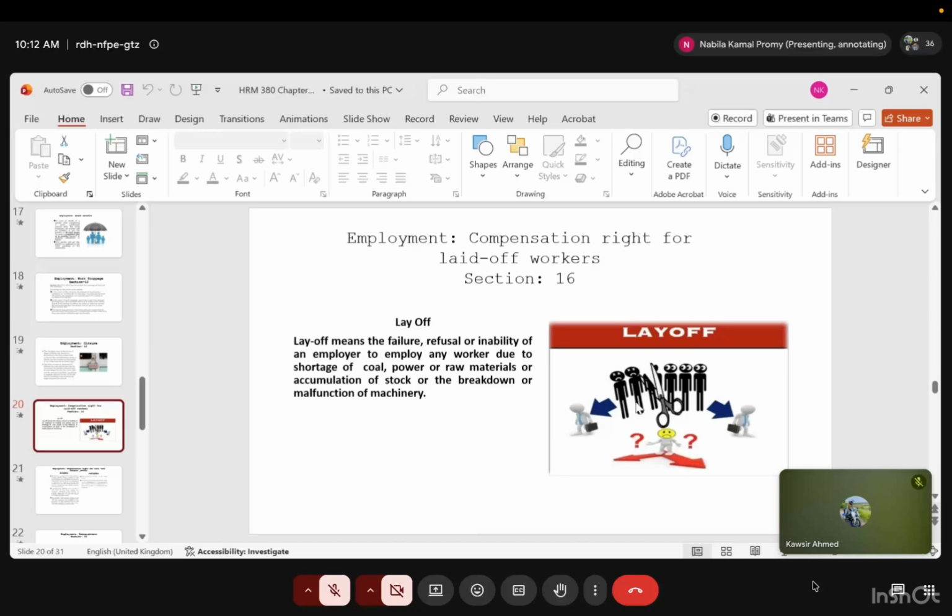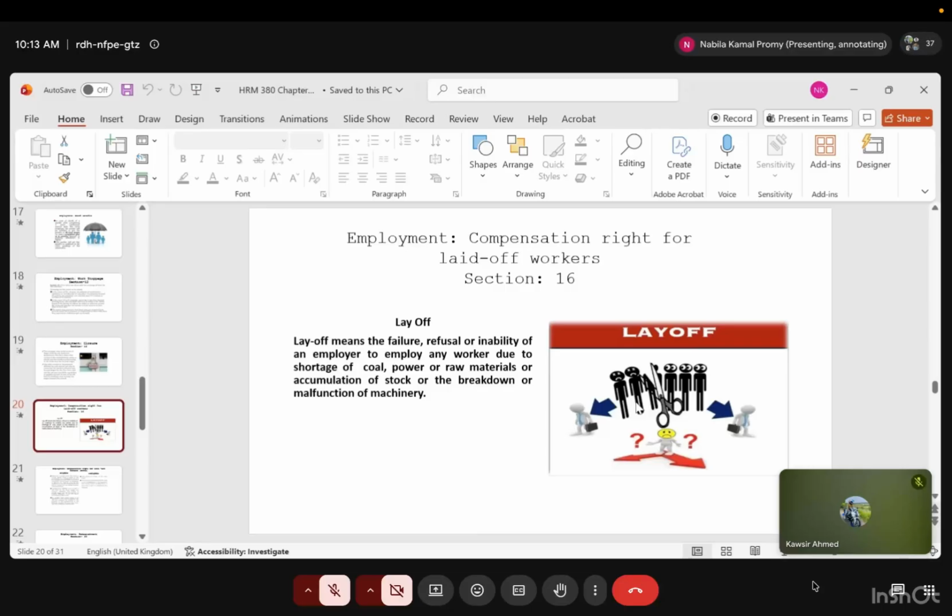That's why he will have to close down this company. So it is usually the owner's or the employer's limitation. For that, the owner cannot maintain his or her company anymore. And in such cases, if the employers are letting the employees go off the company, that will be known as layoff.